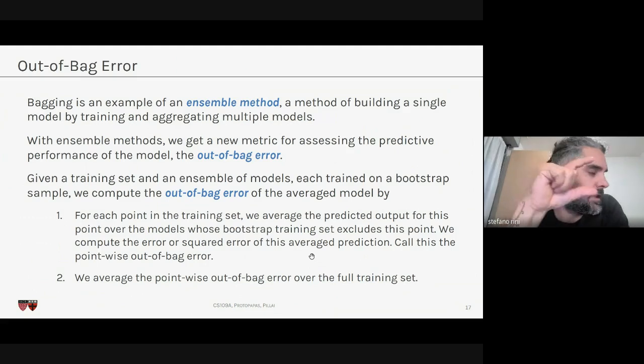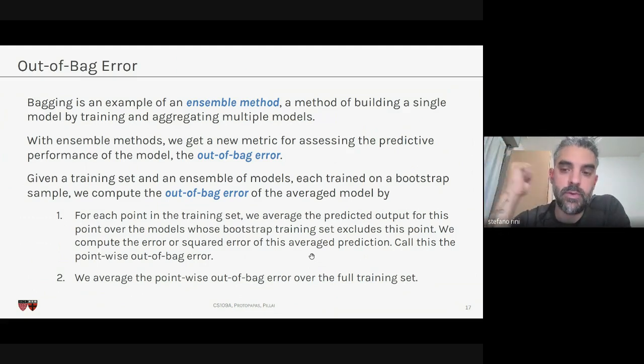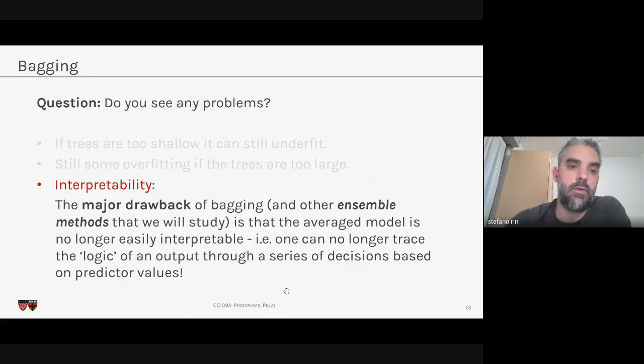But when we take the models that haven't seen a certain sample, and we look at the error that we make over this sample, we compute the error or the squared error of this average prediction, and we call this the pointwise out-of-bag error. Then we average the pointwise out-of-bag error over the full training set to get the out-of-bag error. Okay.